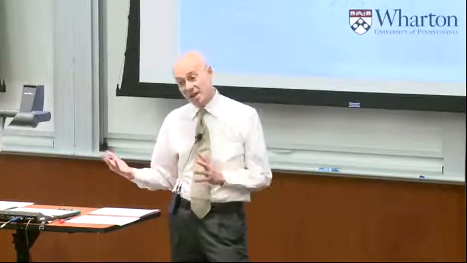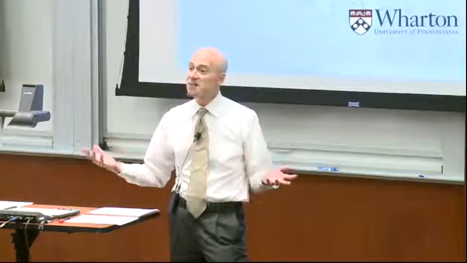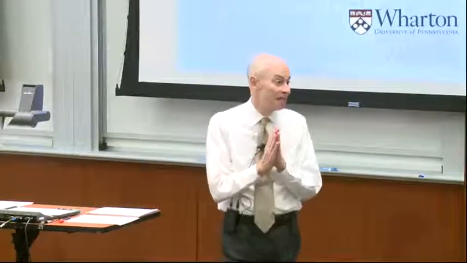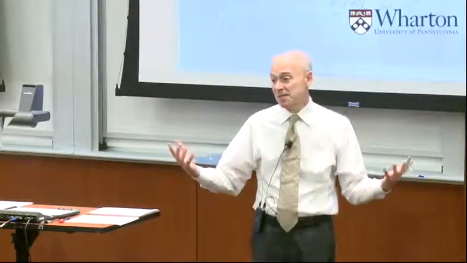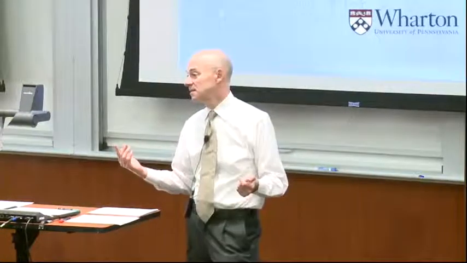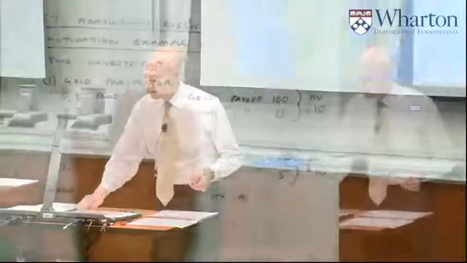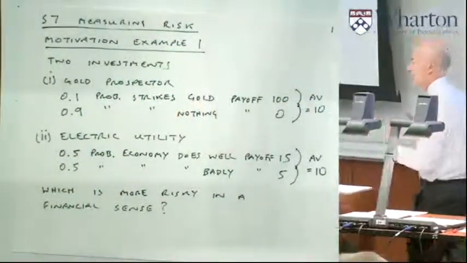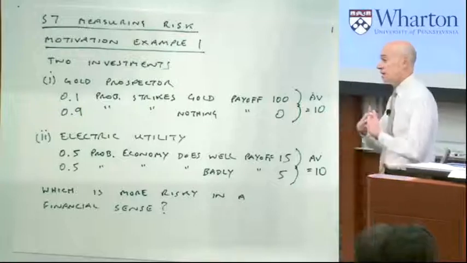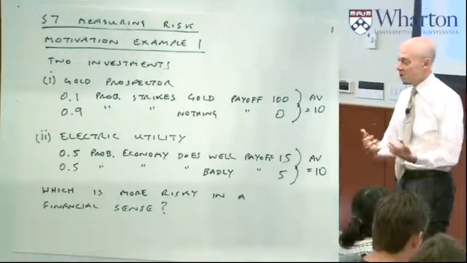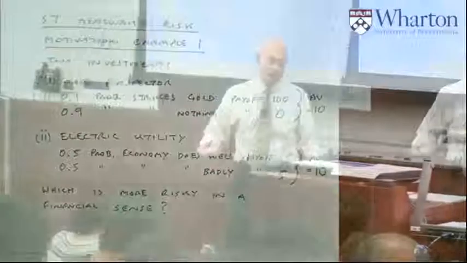Might be 9, might be 11, but it's going to be somewhere around 10. So what's happened to the risk? Gone down, because now you're near the mean. If you have 1,000 that go out into the Rockies, where are you going to be at? You're going to be very near 100. So this is a kind of risk which you can diversify away by holding a large portfolio of stocks which have got independent risks.